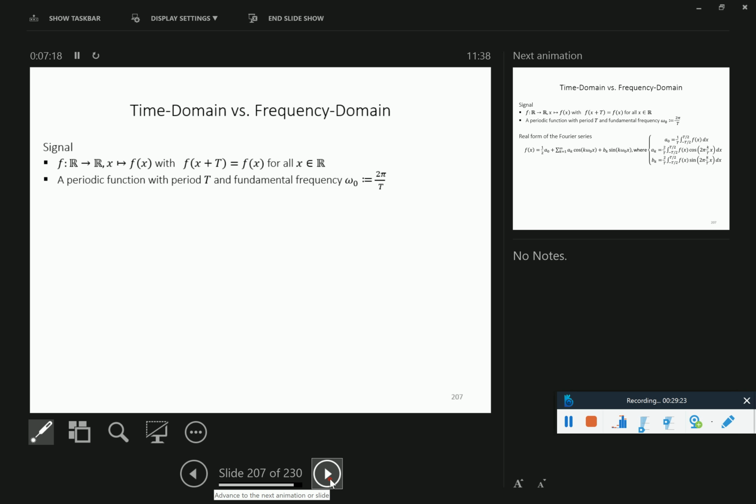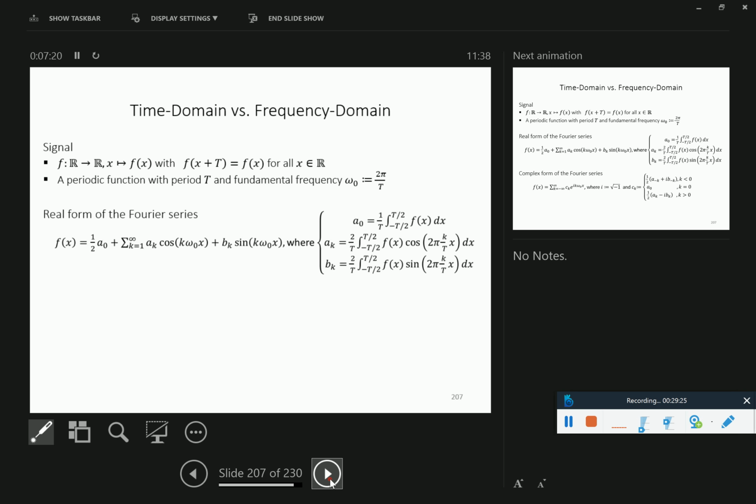And then certain functions, under some constraints, can be re-expressed in terms of the Fourier series, which is this infinite sum. And the interesting thing about a Fourier series is that there are actually three different forms. Especially if you're starting out, this is quite confusing, because you always come with the intuition, and that's completely fine, that you think about frequencies in terms of sine and cosine, or better, generalized sine and cosine functions.